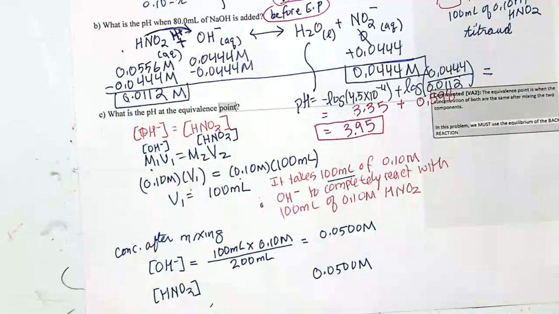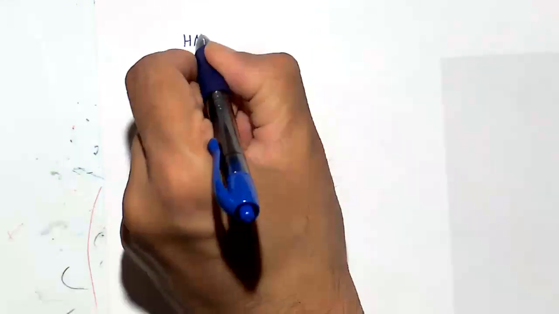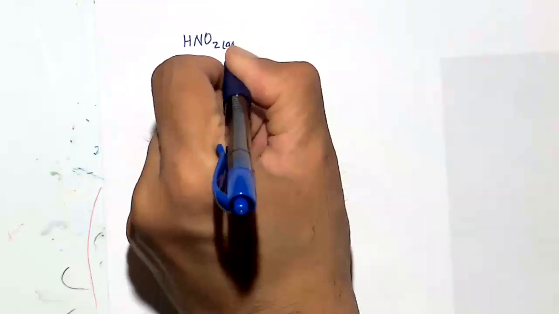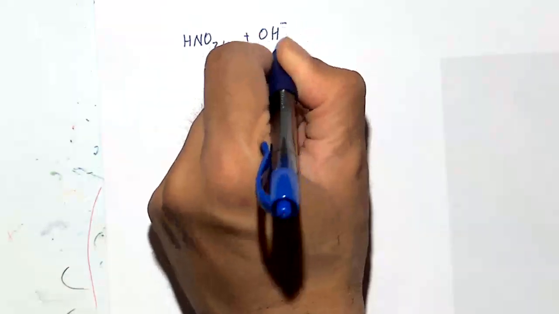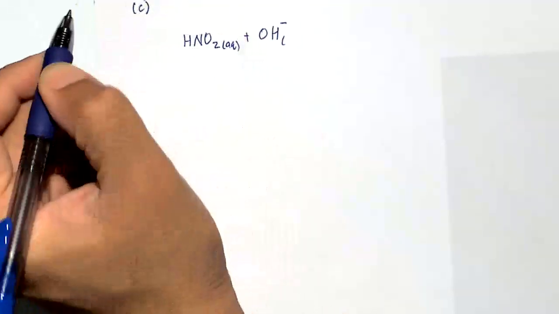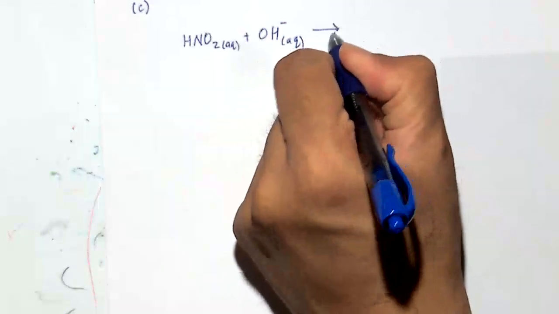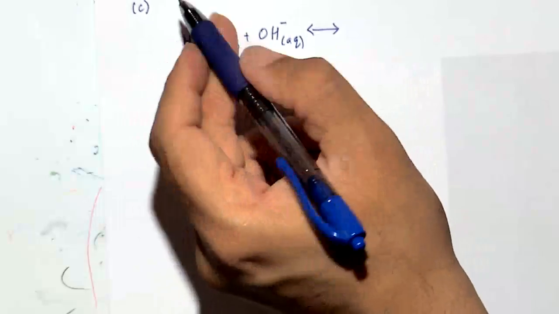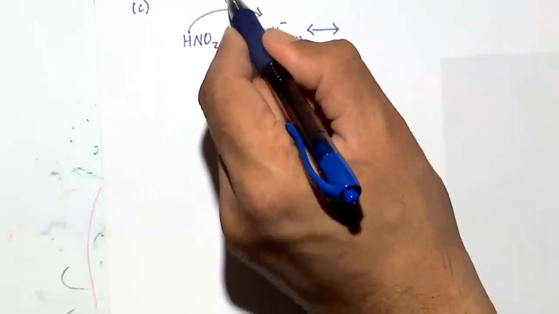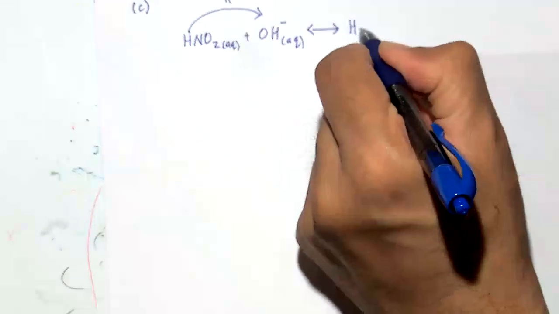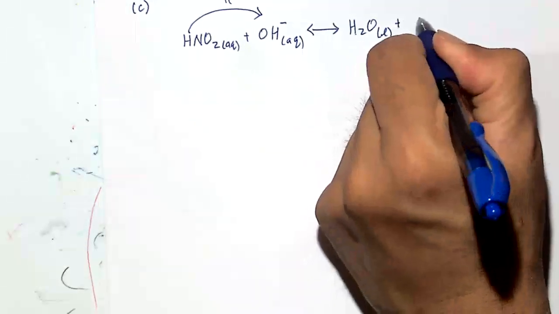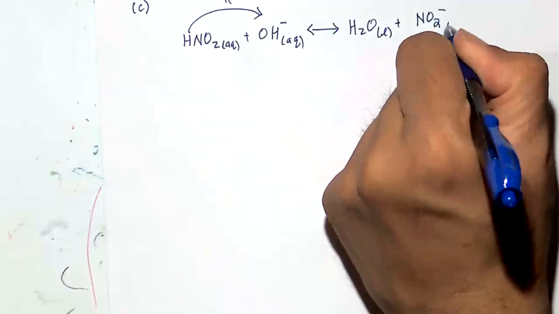All right, so here we are at the equivalence point. So what's the equation here? Okay, so we have HNO2. We put in, this is part C now, at the equivalence point, plus OH minus. It's a strong base, so it's going to take all of this weak acid, and it will give us H2O liquid plus NO2 minus.